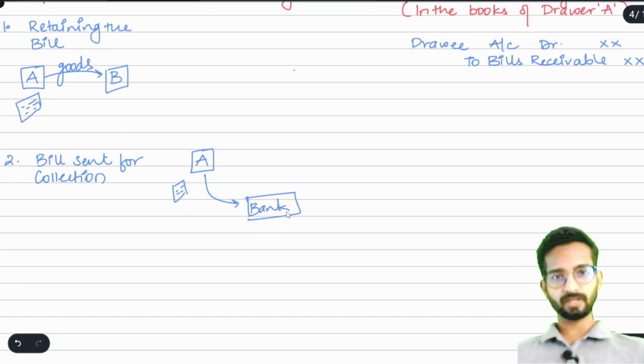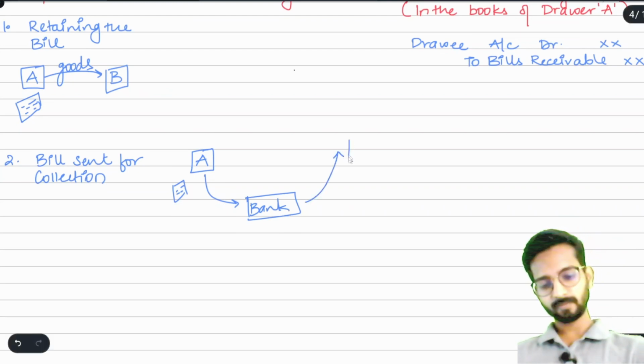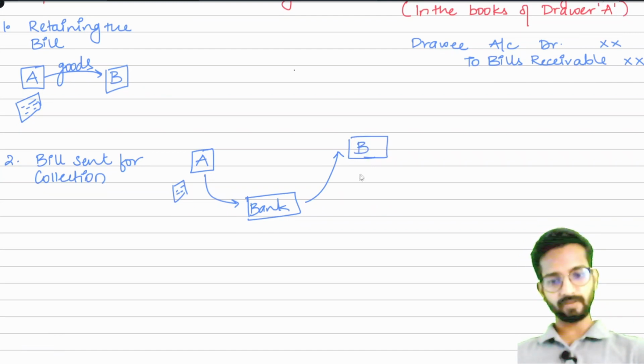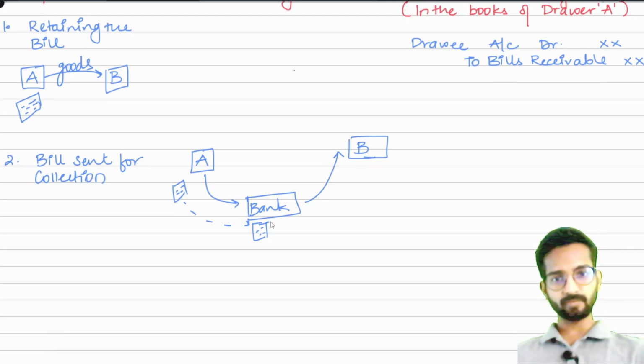In the bank there is a particular team who takes that bills receivable, and then on the due date they will go to B. They went to B's house, B's office, and B is telling the bank that I will not give you any money against that bills receivable. On the due date, A asks the bank, did you take that money from B? I gave you one job to take that money from B. Did you complete that? Bank says no, I could not take any money from B.